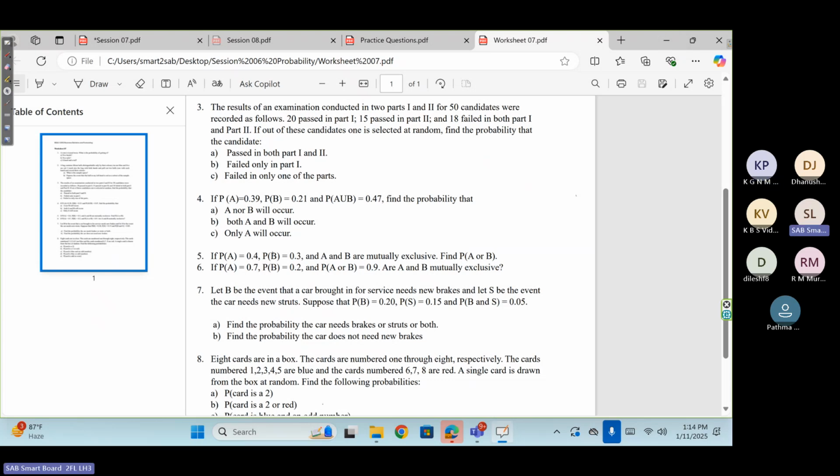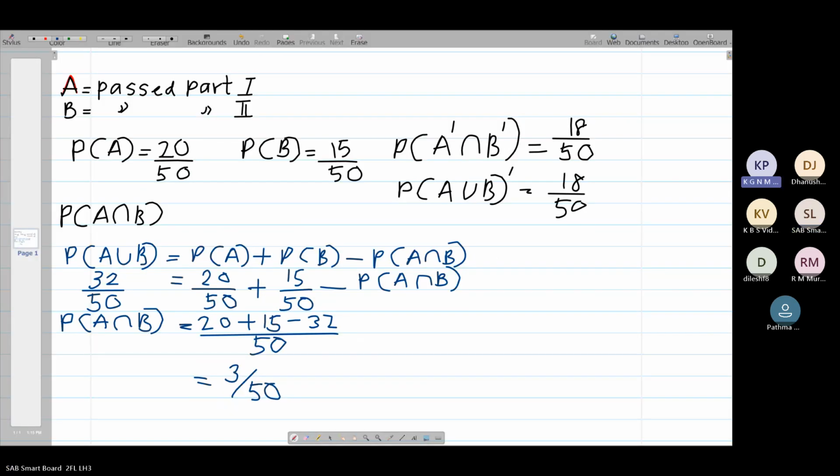Failed only in part one. How do we do that? Failed only in part one, how do we write it?